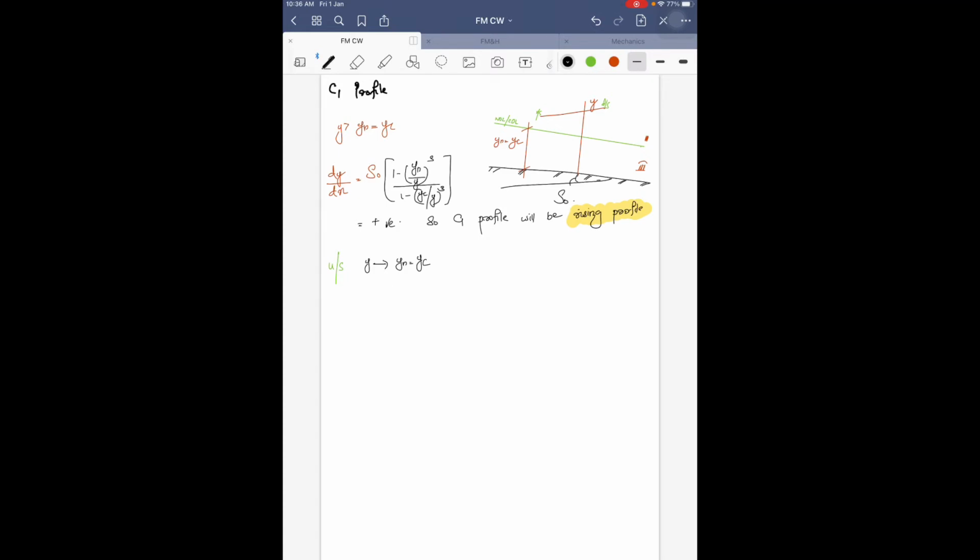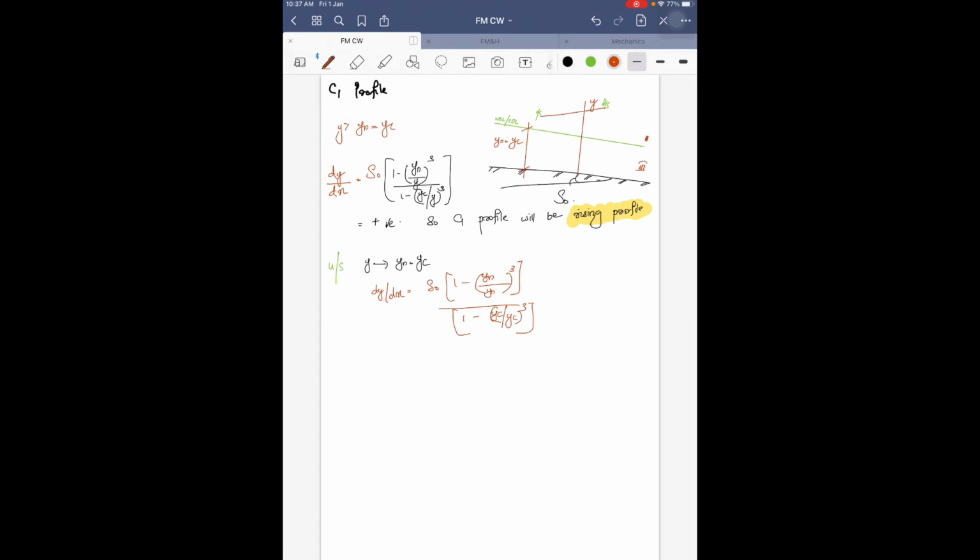So let us write dy by dx is equal to S0 into 1 minus yn by yn the whole cube, divided by 1 minus yc by yc the whole cube.